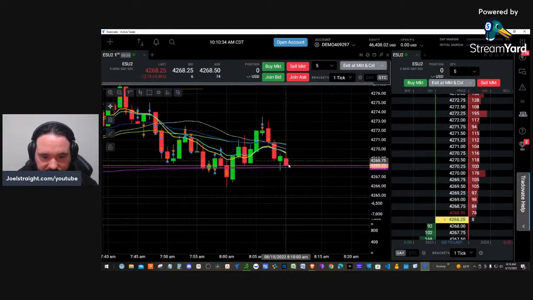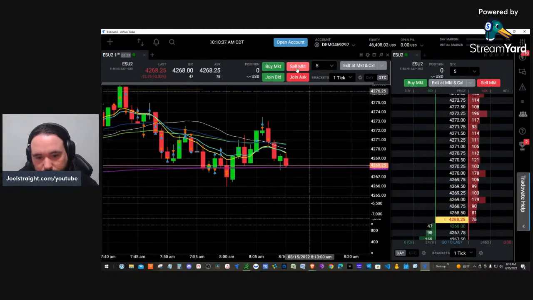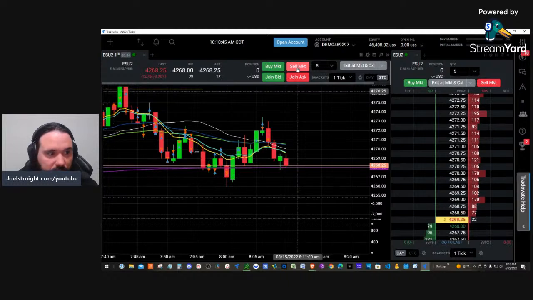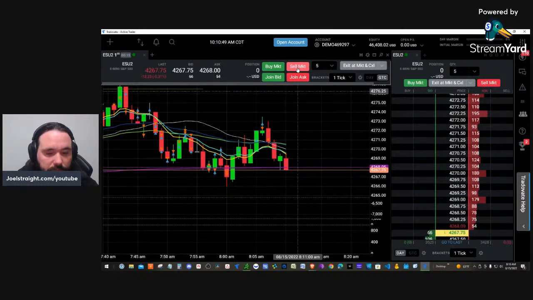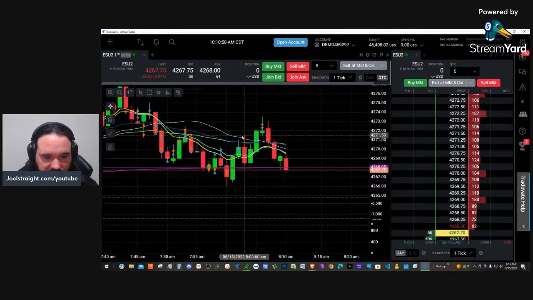So right now, it looks like this is going to test the VWAP again. Wait for a little bit of the candle to fill up. But we don't want what happened here to be what happened right there.